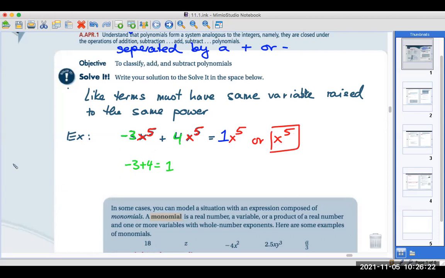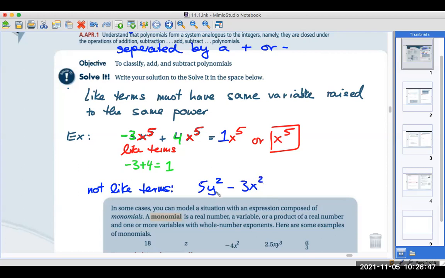Okay, so this is like terms. Anything else will not work. If I have something not like terms, just giving you an example, for example, you have 5y squared minus 3x squared.